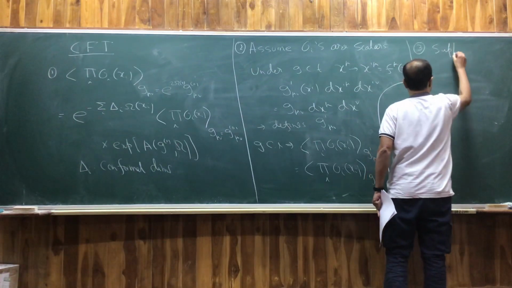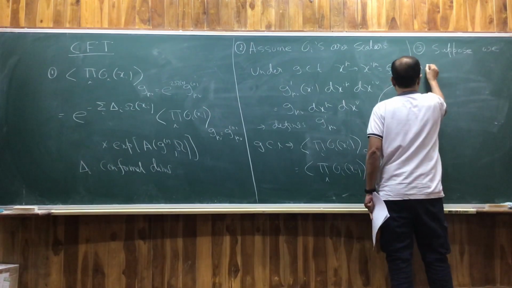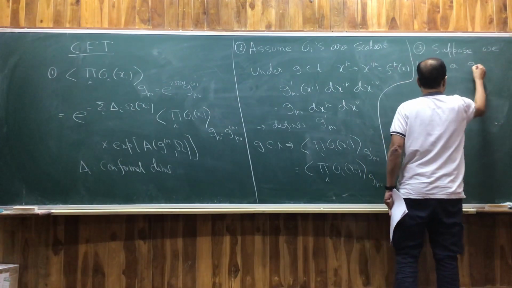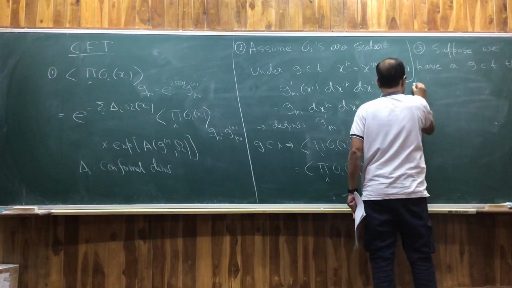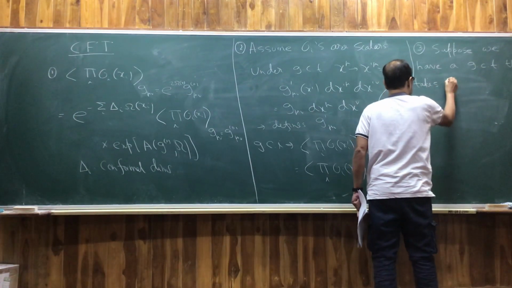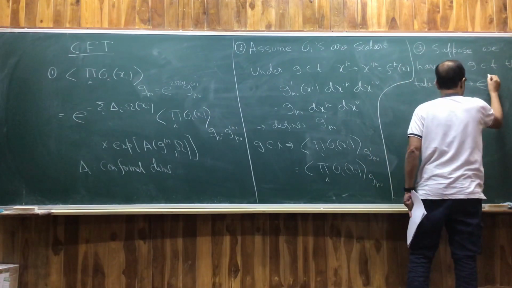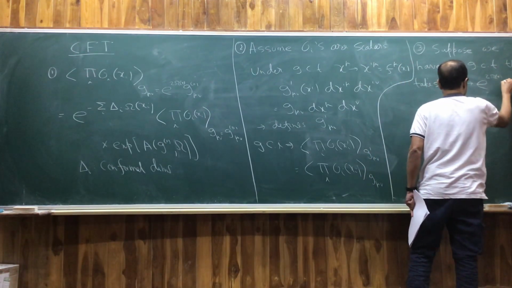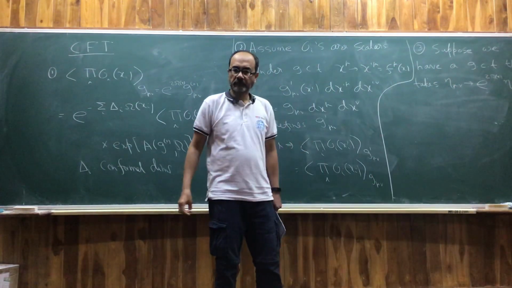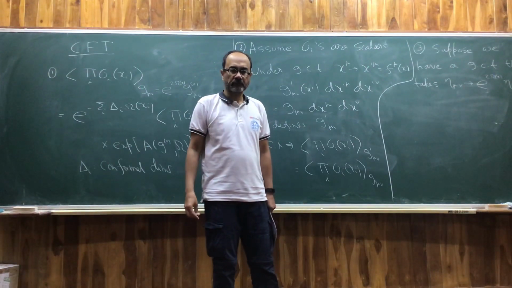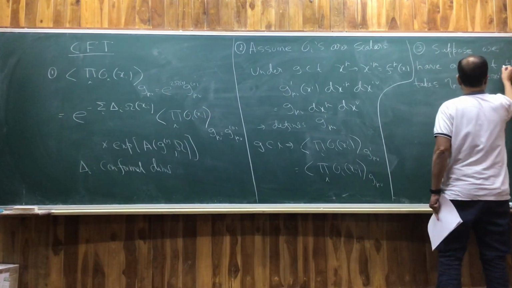Suppose we have a general coordinate transformation that takes η_{μν} to e^{2ω(x)} times η_{μν}. Look at 2ω(x'). The general coordinate transformation is from x to x'.